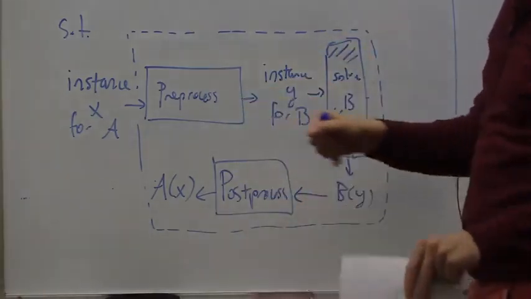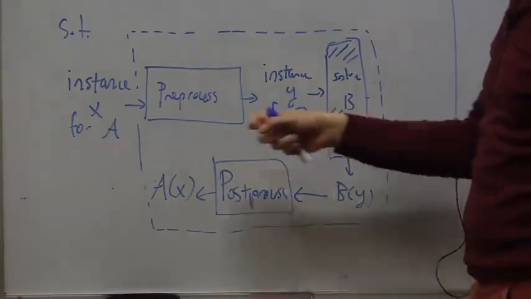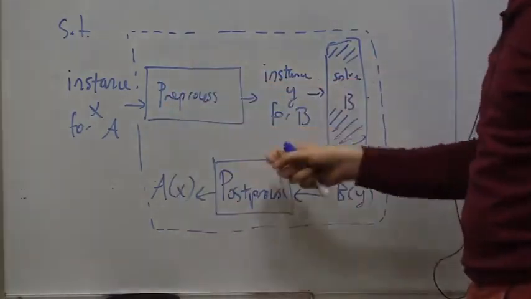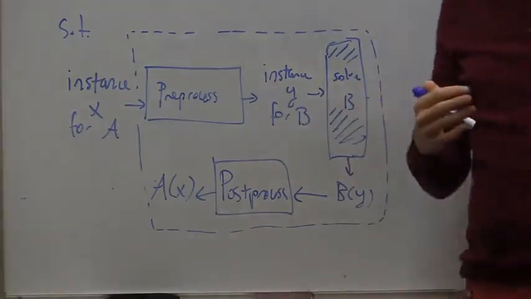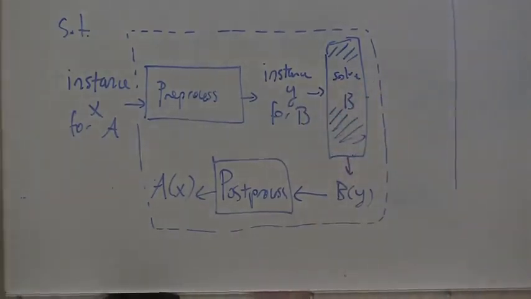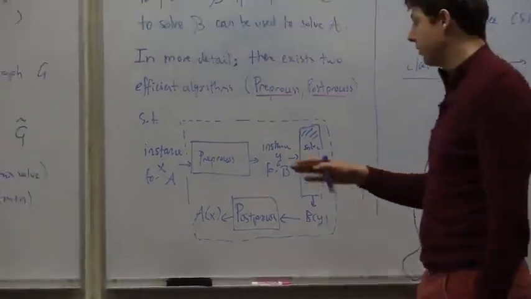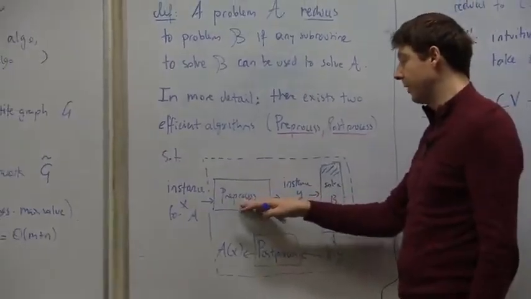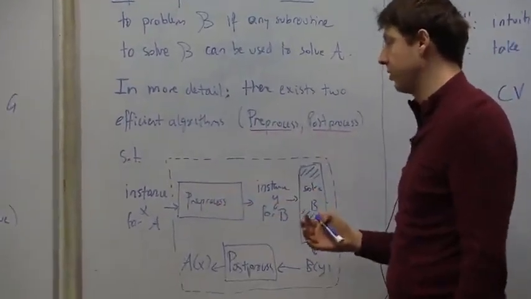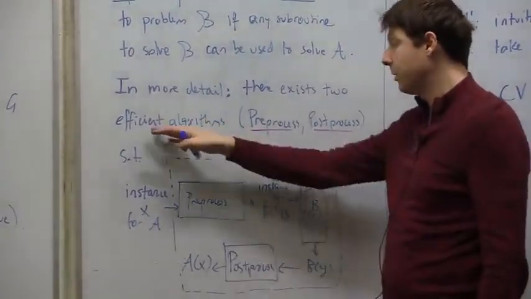Whenever you're reducing between efficient problems, it's not enough to say that the pre-process and post-process are merely efficient. Typically, what you will find in a computability course is that you also want to run them in so-called logarithmic space. So they're even weaker than just efficient. They're logarithmic space polynomial time algorithms.